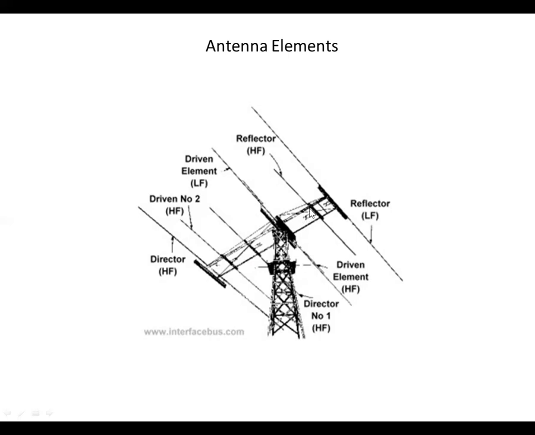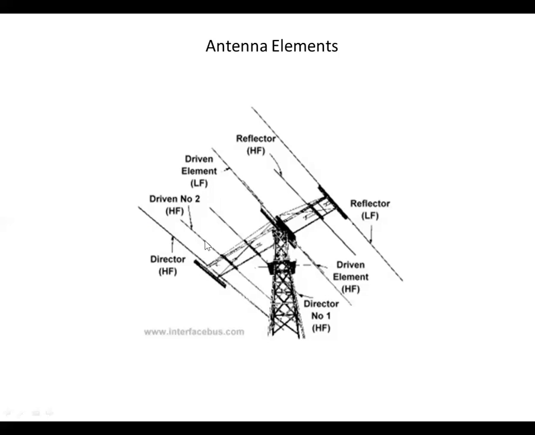And then these other elements, they're also conductive parts of the antenna. They're not connected to the power feed from the transceiver. They're in free space. If we look at this driven element here for the low frequency, there's another element back here called the director.